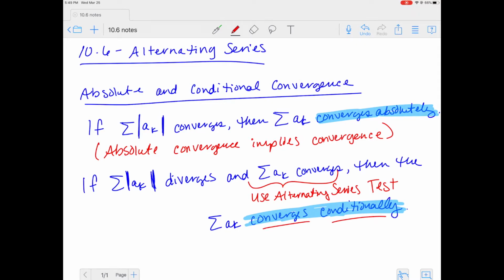All right, that's it. So now we know this. Now let's talk about that alternating series test. So you have that test under your belt, and then we'll push forward and see what's going on with it.